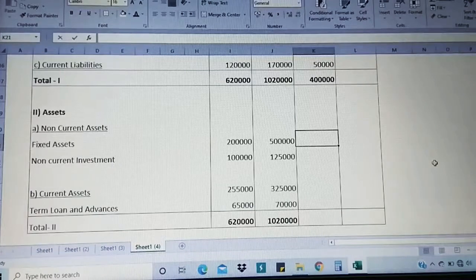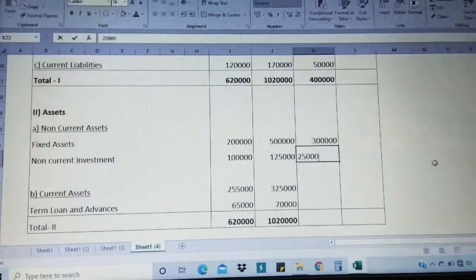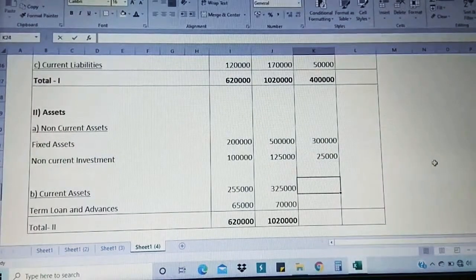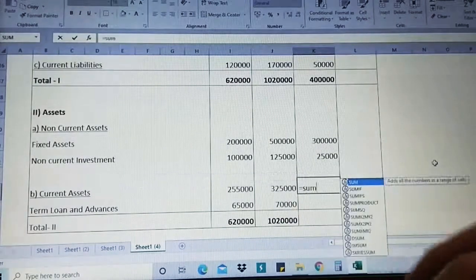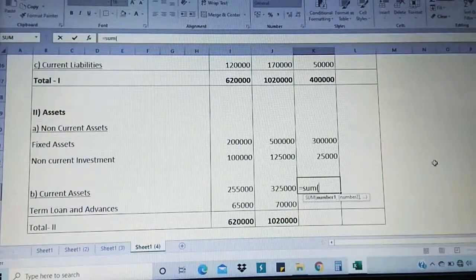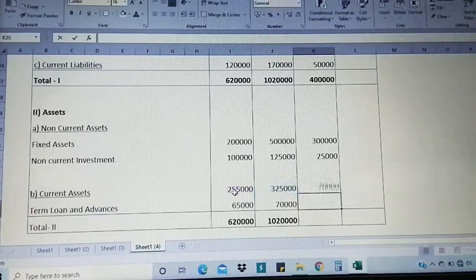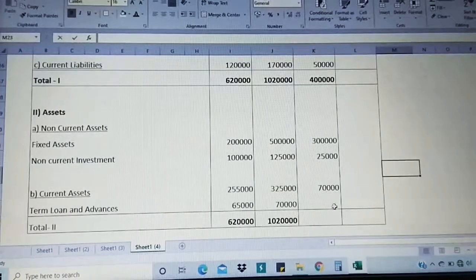Now 5 lakh minus 2 lakh gives us 3 lakh. Then 1 lakh 25 minus 1 lakh gives us 25,000. And here the difference, 3 lakh 25,000 minus 2 lakh 55,000 gives us 70,000.